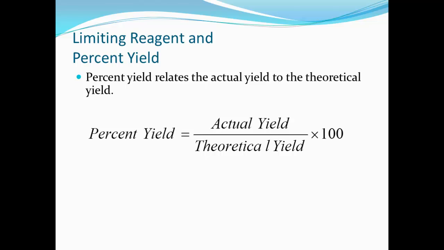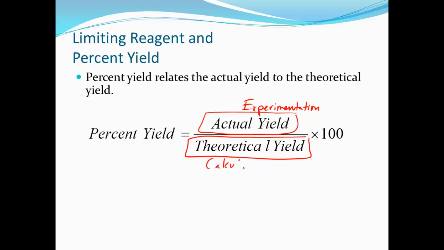So what this equation does is it allows you to determine how well you performed your experiment by taking your actual yield, what you actually got through experimentation, to what you theoretically should get, and this is based upon a calculation.